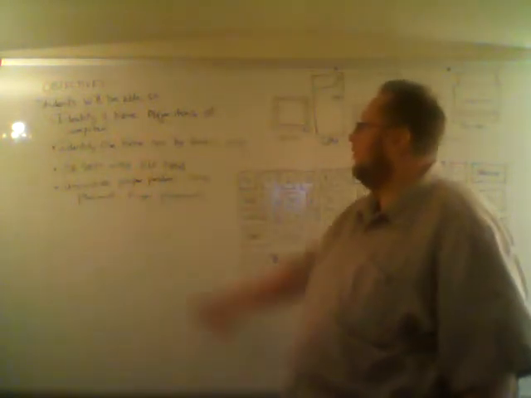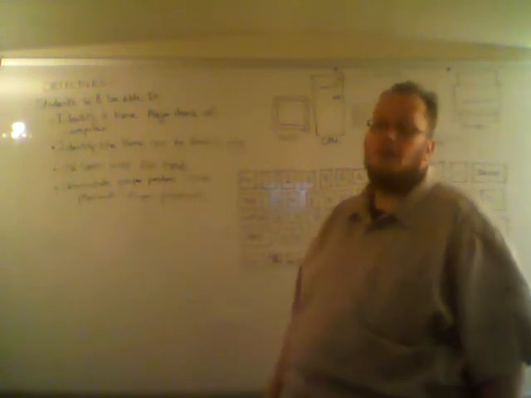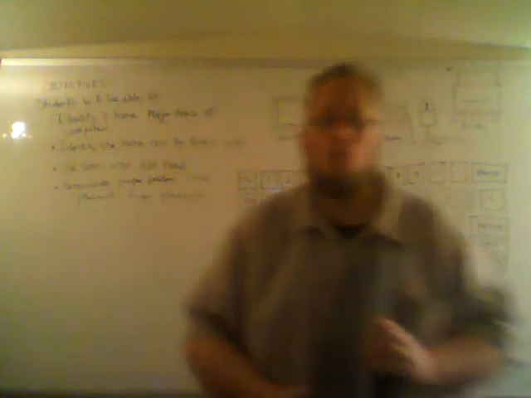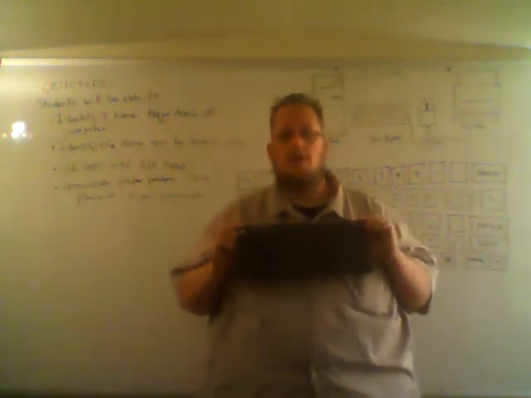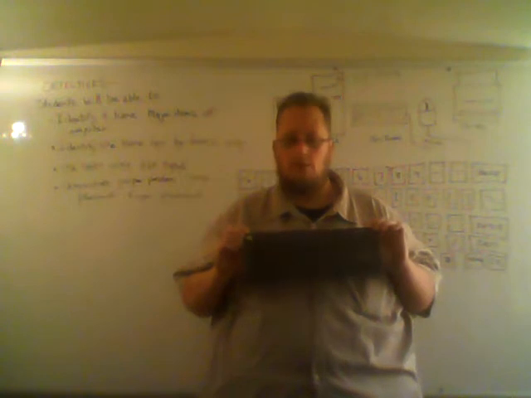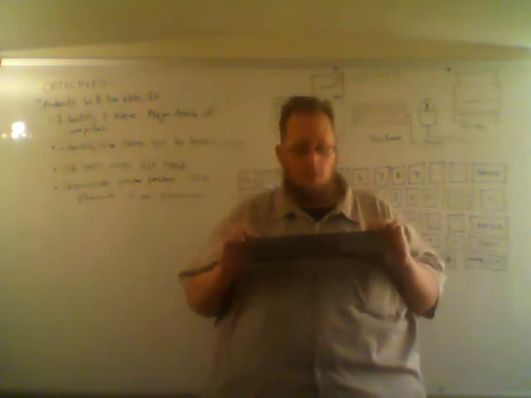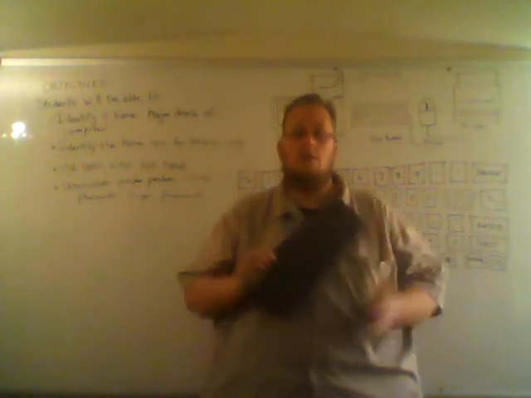So let's go to the next item on the list. We're going to go with the bottom one, which is demonstrate proper posture, hand placement, and finger placement. So I brought my own little keyboard with me. This is my Logitech keyboard. This actually is used for my smart TV. It doesn't have all the features as a regular keyboard, but it practically does the same thing. It allows you to type characters.